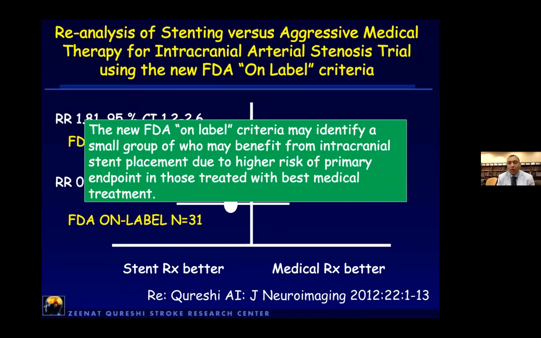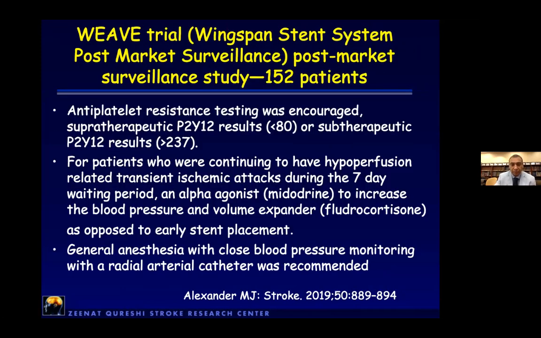The new FDA on-label criteria may identify a subgroup of patients who may benefit from intracranial stent placement due to a higher risk of primary endpoints in those treated with best medical treatment.